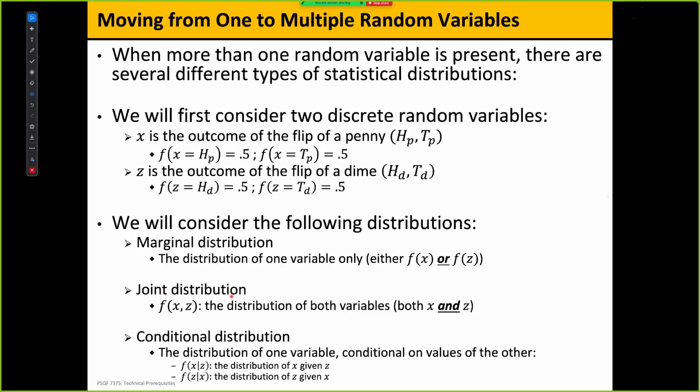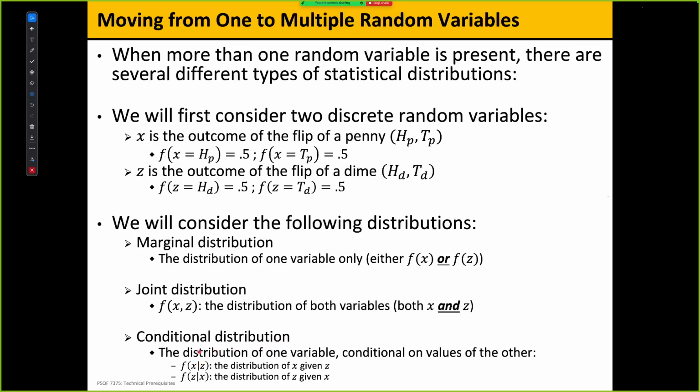And then finally, if I had done this, maybe I'd flip both of them, maybe sequential, maybe not. A conditional distribution is what happens when I want to describe the distribution of one variable conditional on the outcome of another, right?